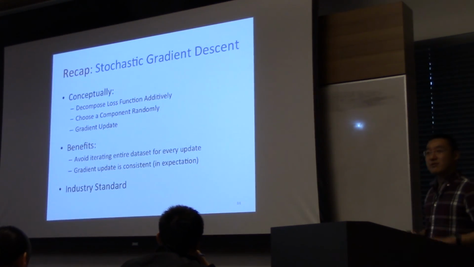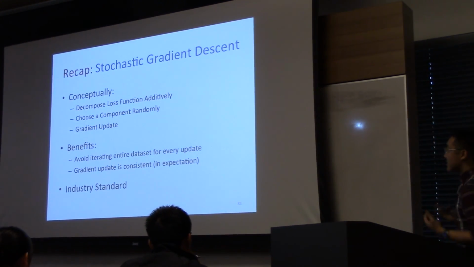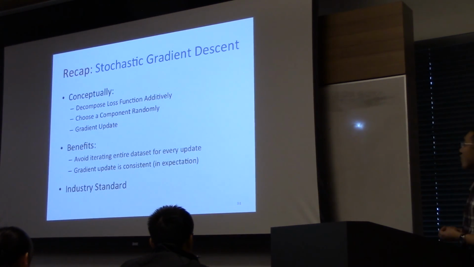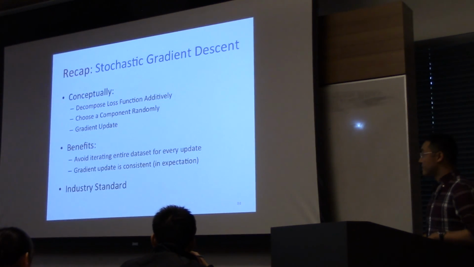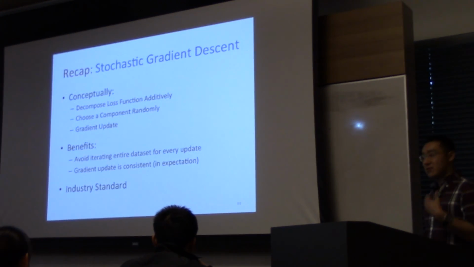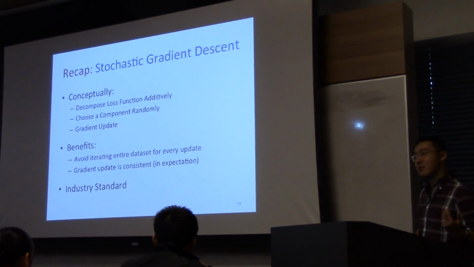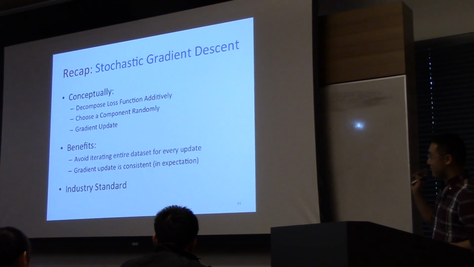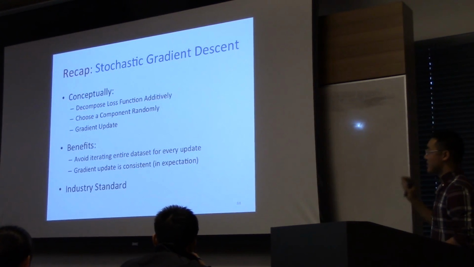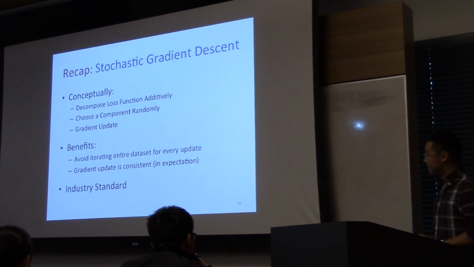And in expectation, everything works out. The benefit is that you now avoid having to iterate over the entire data set for every update, right? The gradient update is consistent in expectation, and then you have the same issues with step size and checking for stopping, but those are issues that you have to deal with in normal gradient descent anyway. And this is literally the industry standard, with some parallelization and some mini batch optimization.